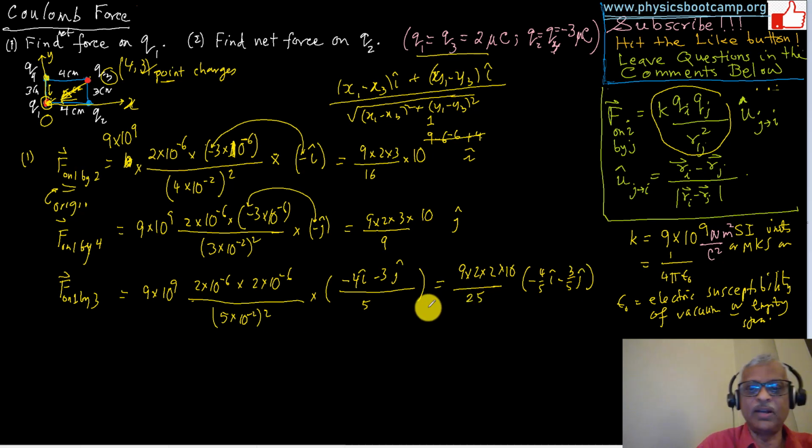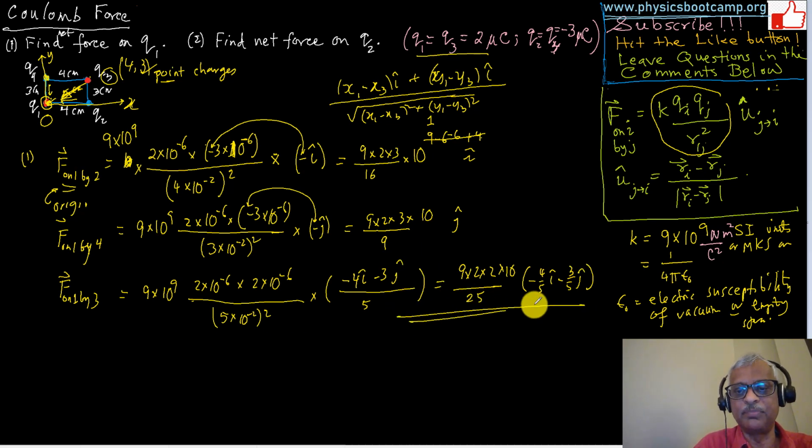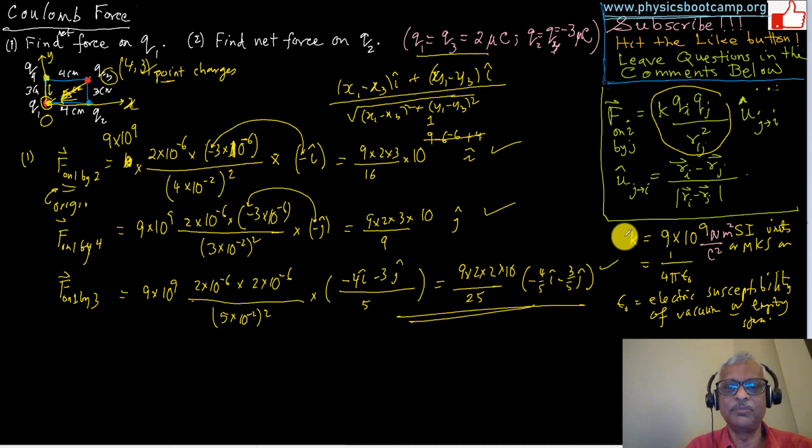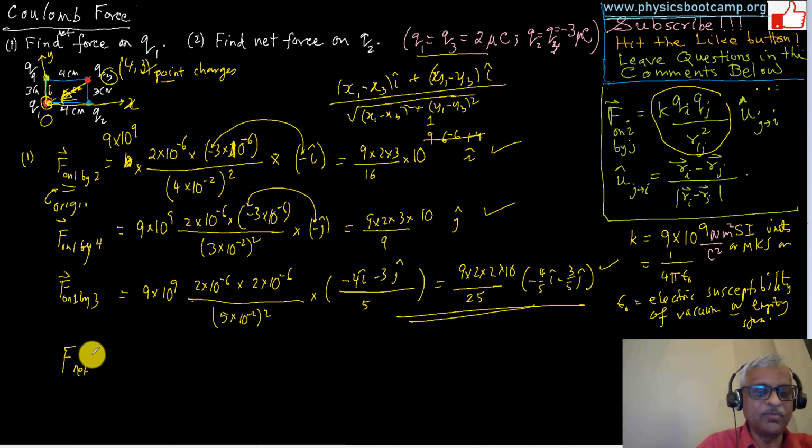So now I need to add these up, right? So the F net will be, after I add these up, some a i hat plus b j hat.